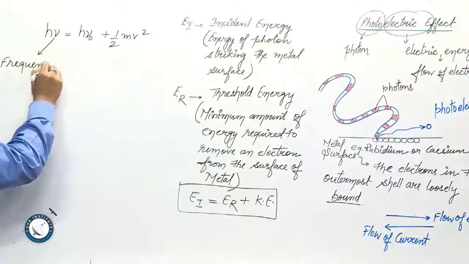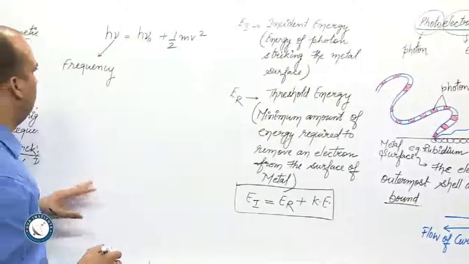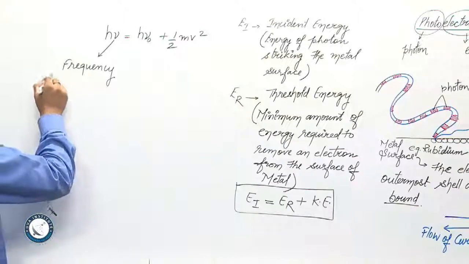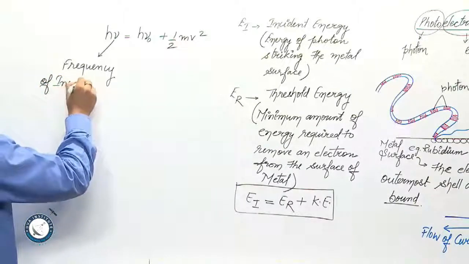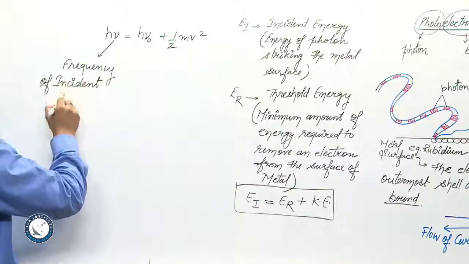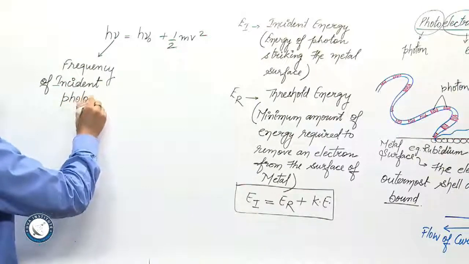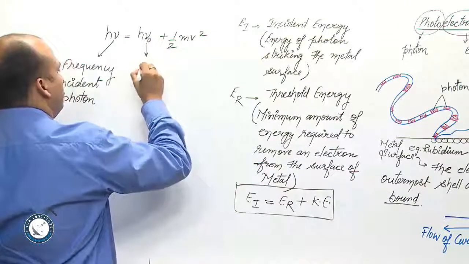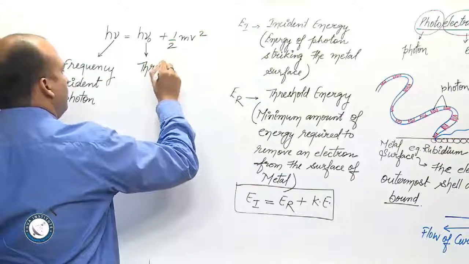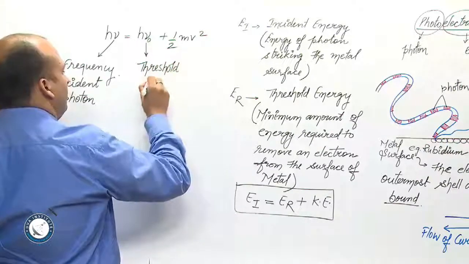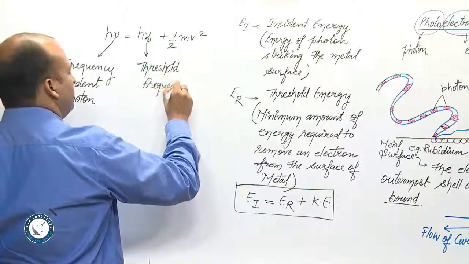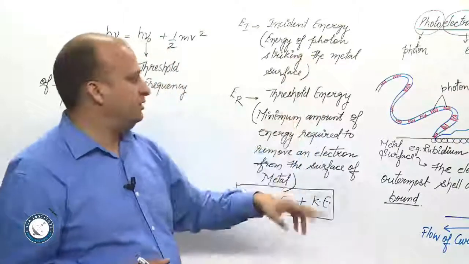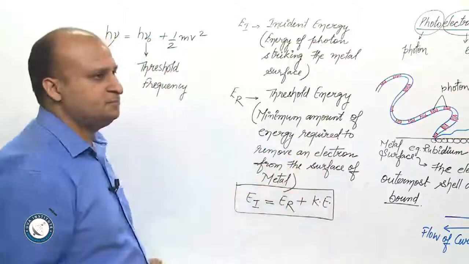Frequency of the incident photon. What is nu naught? Threshold frequency, the minimum frequency that the photon should have so that the electron can be ejected, right?